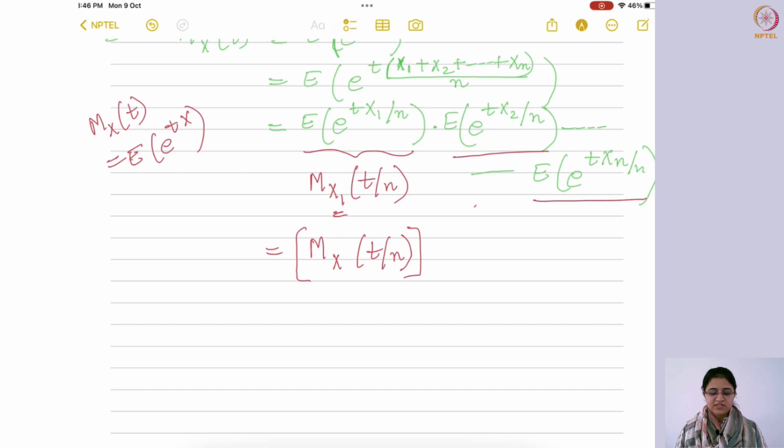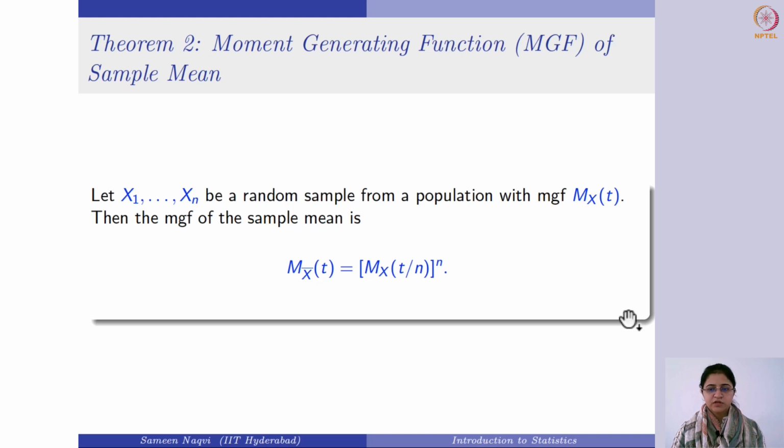Because all the xi's are identically distributed, you would get this. So whole to the power n, that is the result.